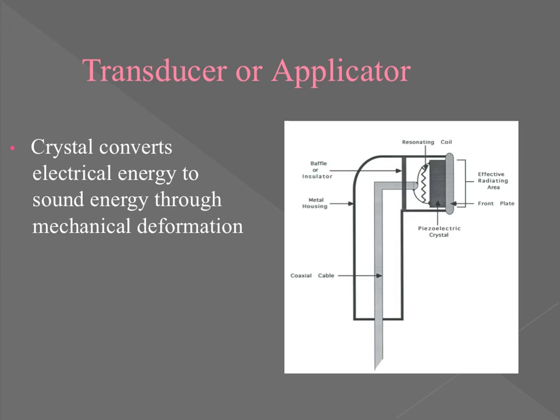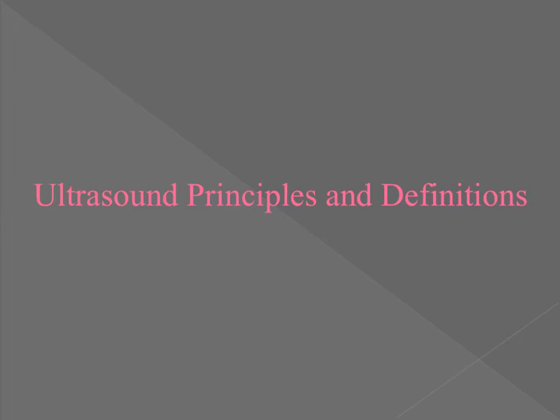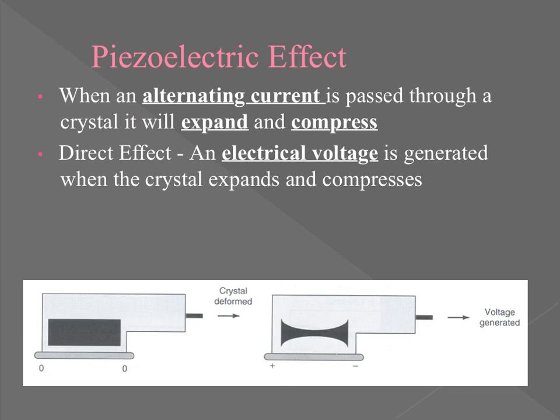What we know about this is that it doing that causes an electrical energy, and then that electrical energy is going to change through to sound energy through mechanical deformation, or that flattening or the widening of the crystal itself. So let's talk about principles and definitions.